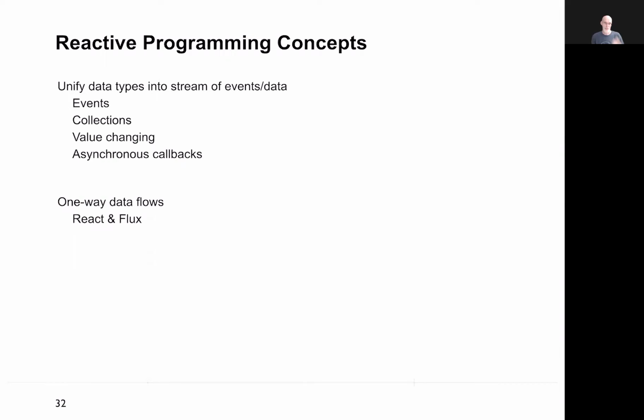two big ideas. One is there are a lot of things we deal with which seem different. I have objects and they change their values. We have a collection and we may add things to collections, delete things from collections.